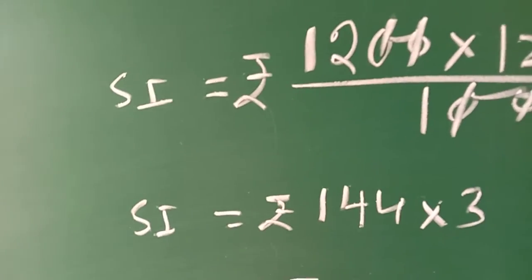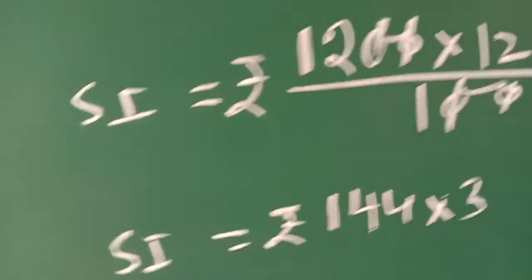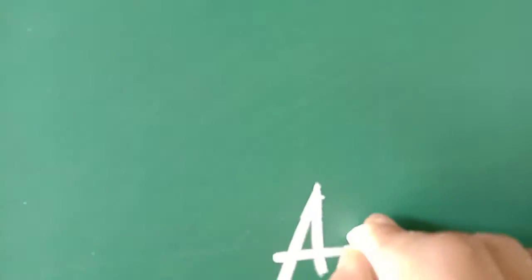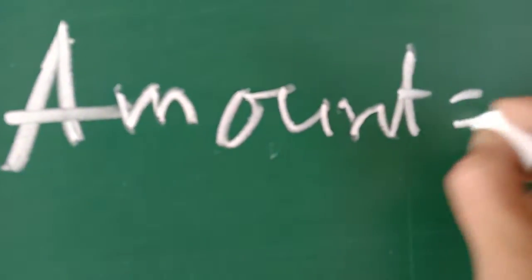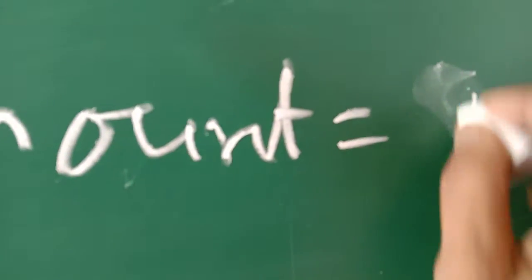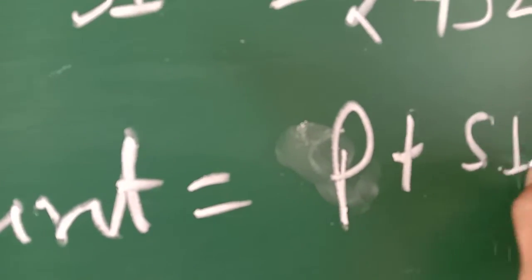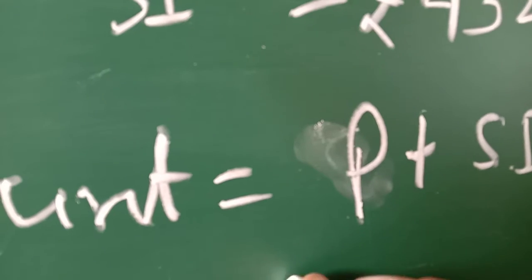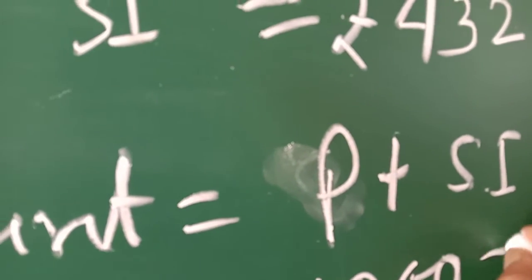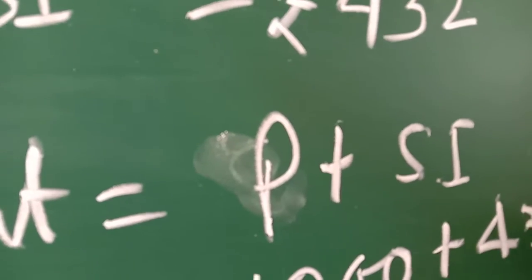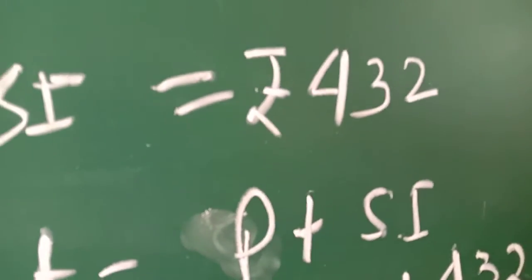Now you have to find the amount to be paid. So to find the amount, the formula is, you know, principal plus simple interest. Then principal equal to rupees 1200 and simple interest we have found, 432.